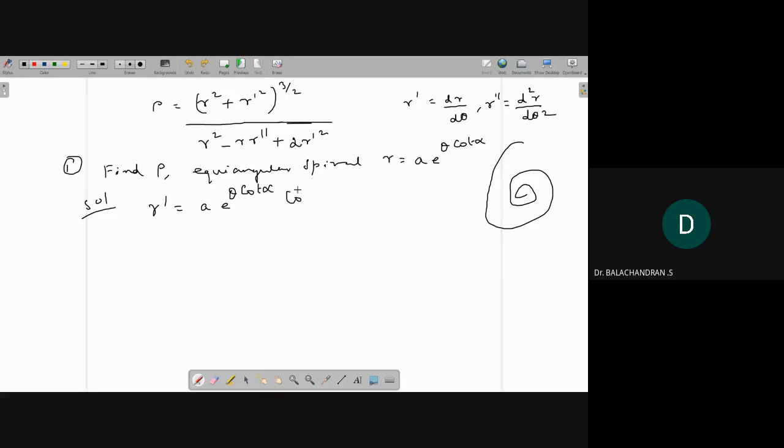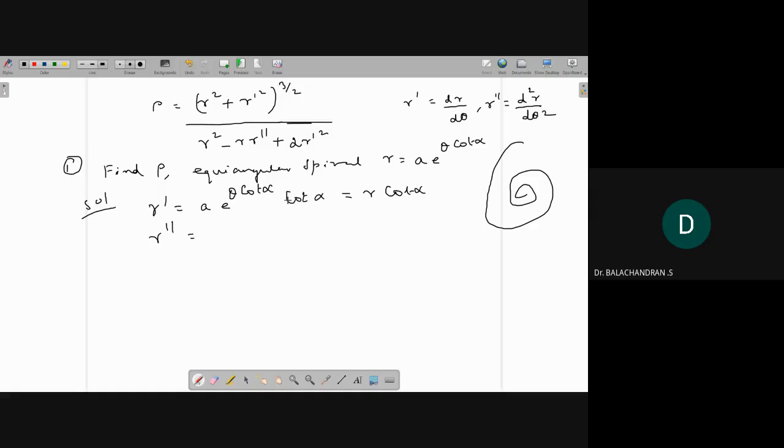Cos alpha, cot alpha. And we know that this is again R, so this is R into cot alpha. R dash is equal to R into cot alpha. Similarly, R double dash.